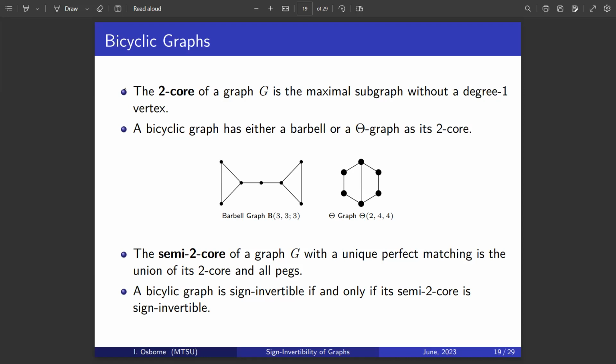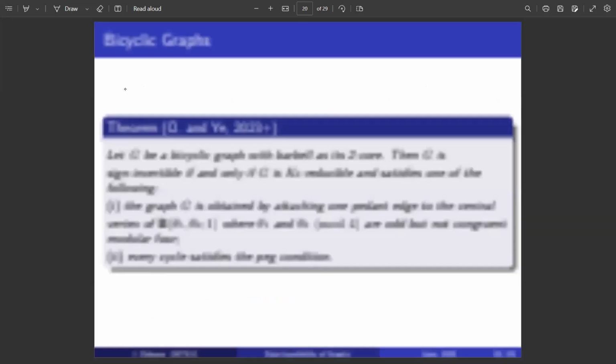That's just our terminology for if you performed all of your possible K2 reduction operations, and then you're left with a graph that looks similar to either one of these. And so like the unicyclic graphs, a bicyclic graph is going to be sign invertible if and only if its core graph is sign invertible as well.